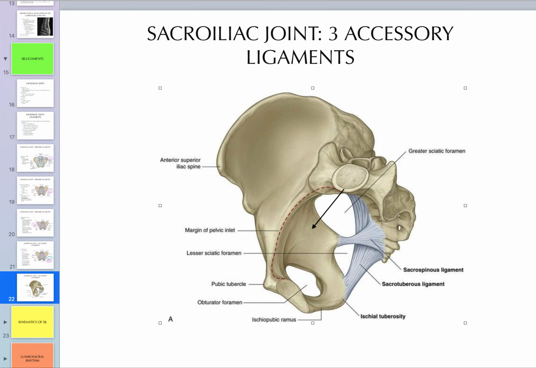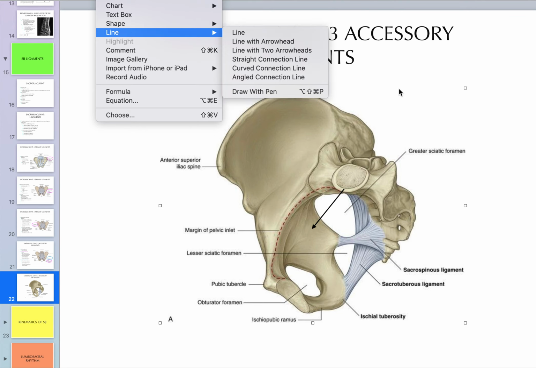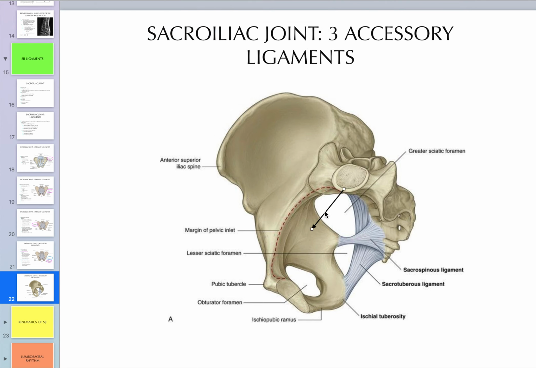And thus, if you can imagine the sacral promontory going anterior, the apex of the sacrum right here will be going posterior. So we'll be going in the opposite direction. So it will be going upwards like that. So the sacral promontory will be going anterior, and the apex will be going posterior superior.